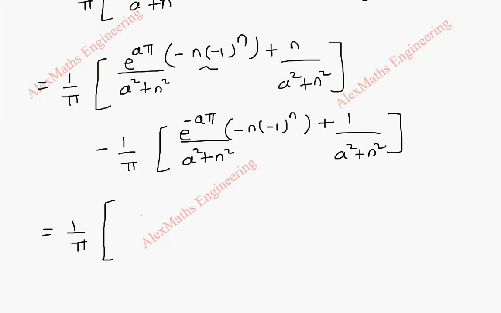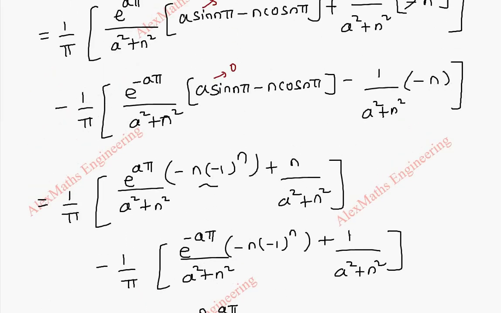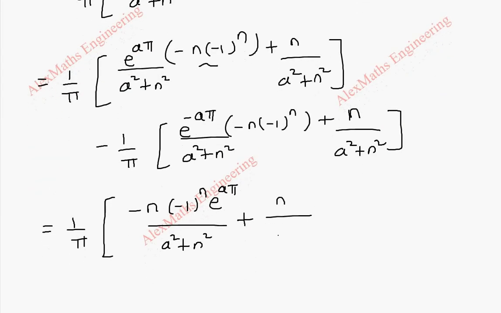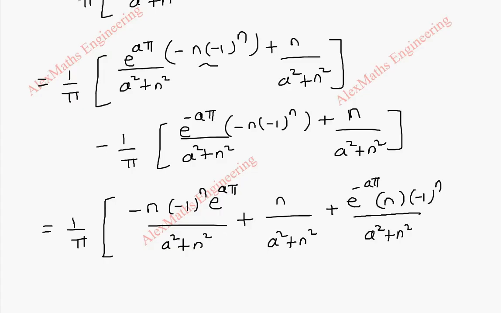So the first term will become minus n (minus 1) whole power n e power a pi by (a square plus n square), then plus n by (a square plus n square), then minus sign, so we take minus inside, e power minus a pi into minus n, so I can make this as plus again, so n into (minus 1) whole power n divided by (a square plus n square), and last term is minus n by (a square plus n square).